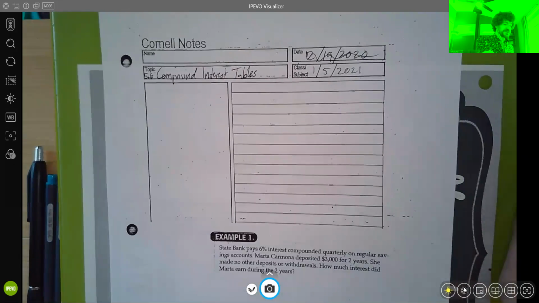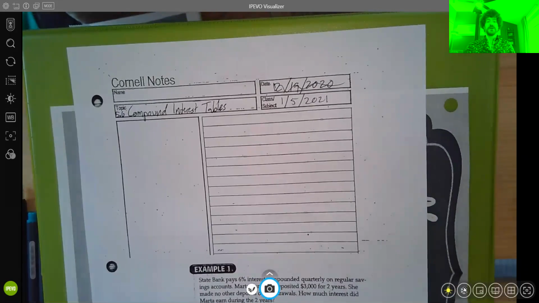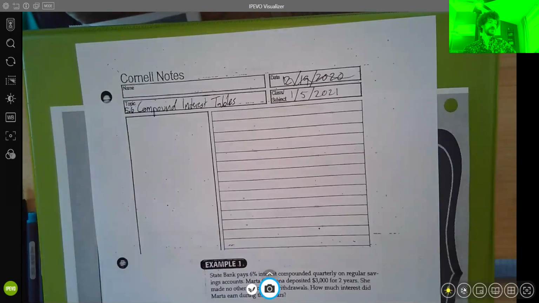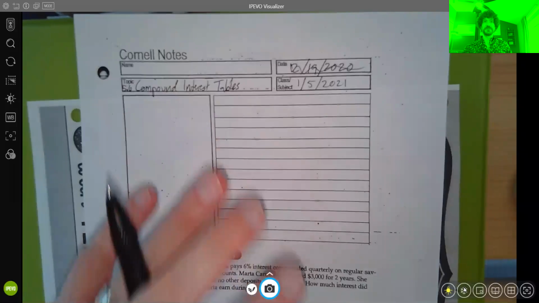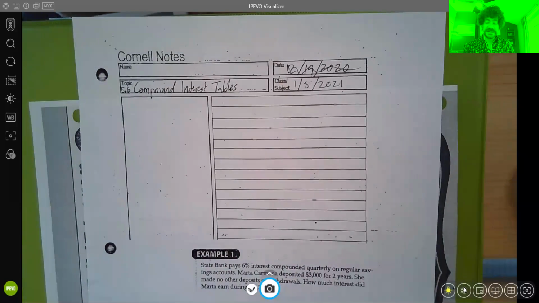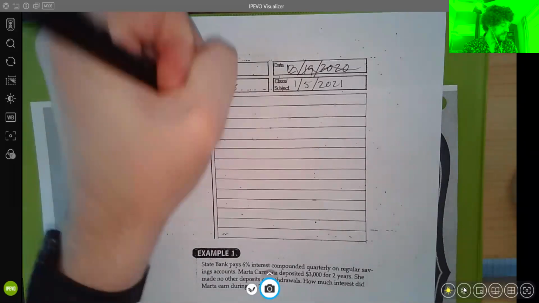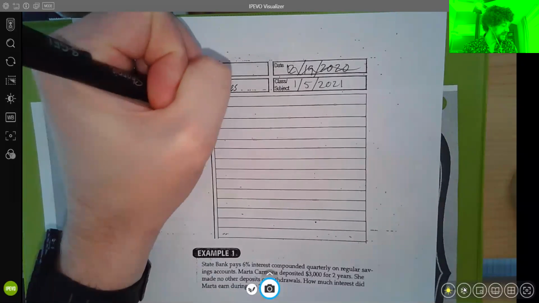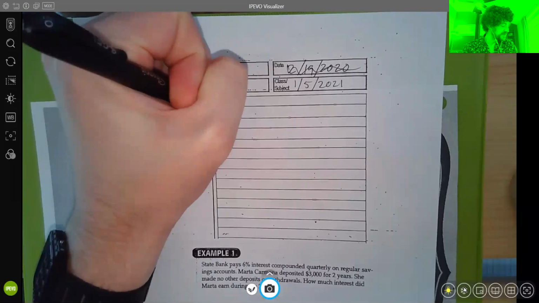So the simple interest formula that we've been using was, the interest is equal to the principal multiplied by the rate multiplied by the amount of time. Today, this is called the compounding interest formula.